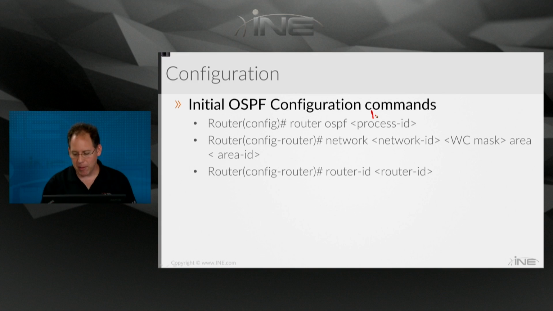The main thing to remember is, unless you have a real good reason for doing so, you should only have one process of OSPF running in your router, and that's it. As an example, let me contrast that with EIGRP.